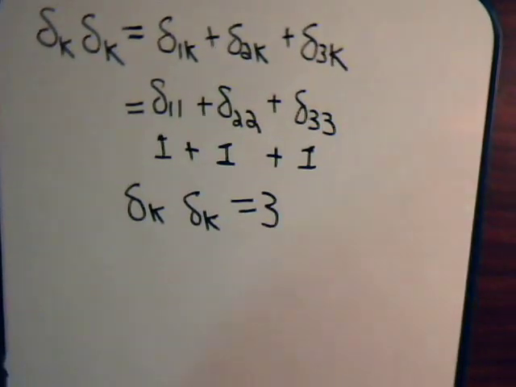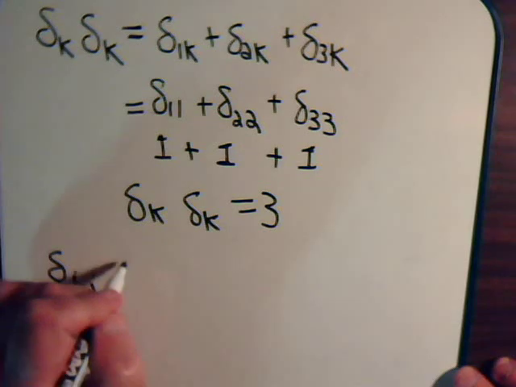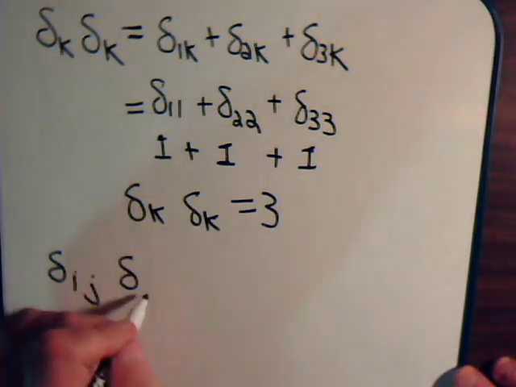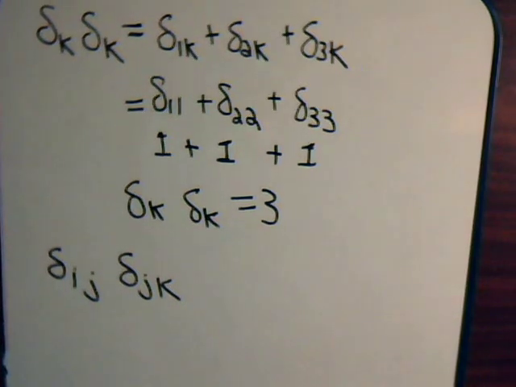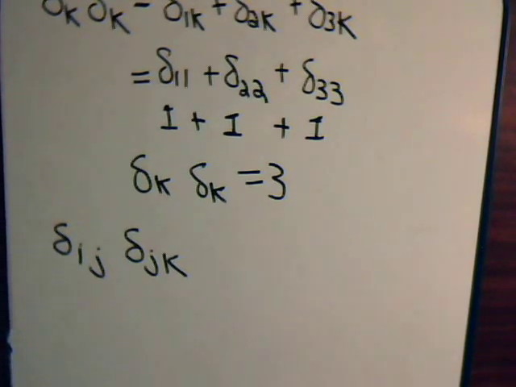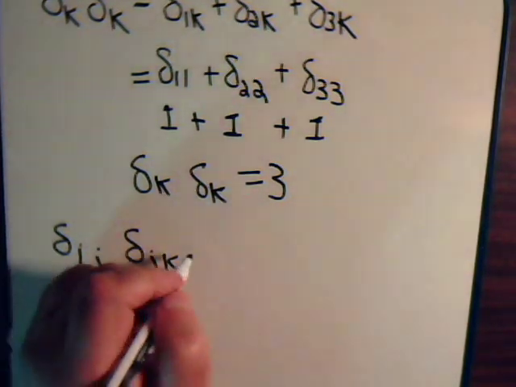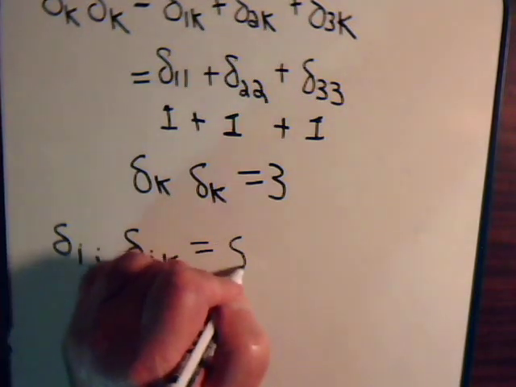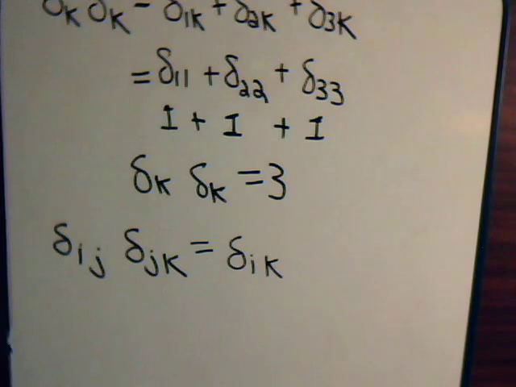Suppose we have this, delta ij times delta jk. When you encounter this, you can just contract the j's out, the repeated one. Why you can do that in this instance, we can just look at it.